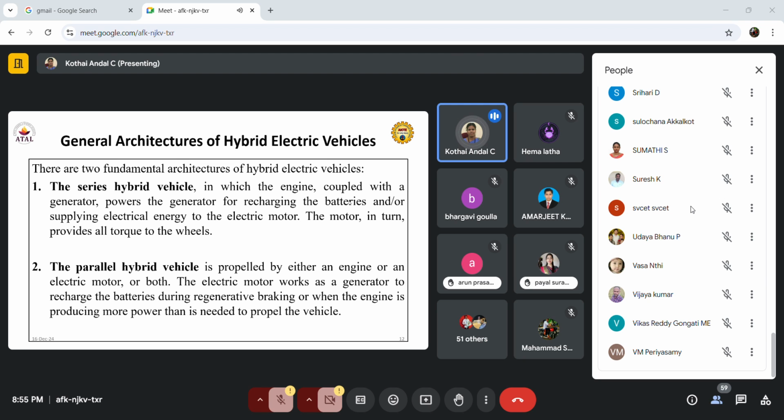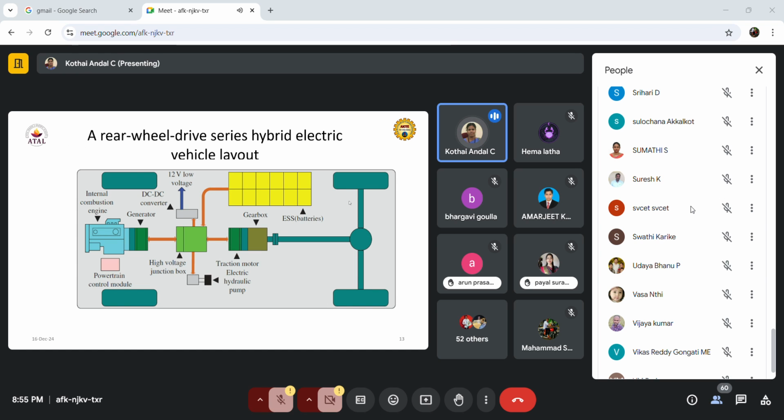In the case of the series hybrid vehicle, the mode of operation is unique. This is the layout of the series hybrid electric vehicle.